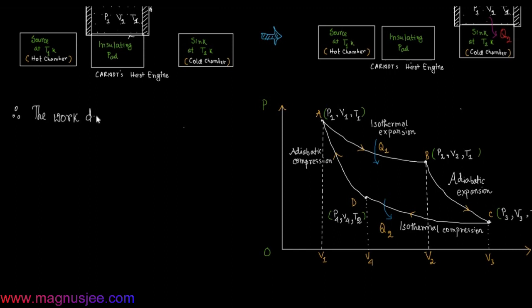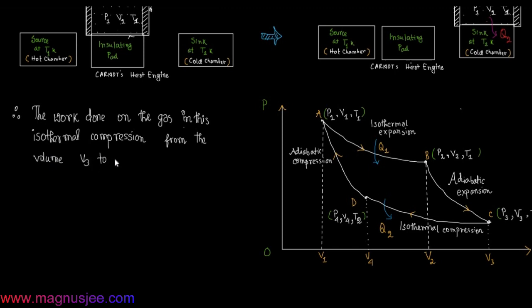Therefore, the work done on the gas in this isothermal compression from the point C to D in the PV graph, from the volume V3 to the final volume V4, is given by W3 equal to nRT2 log base e (V4 by V3).